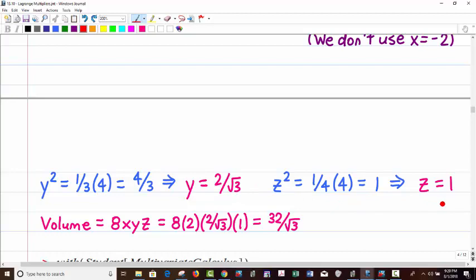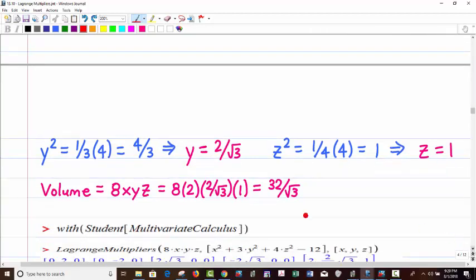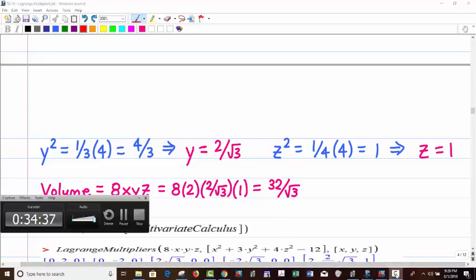So the actual maximum volume would be 8 times x times y times z. So x is 2, y is 2 over root 3, z is 1, and it's 32 divided by the square root of 3. That would be the maximum volume of the rectangular solid that you can inscribe in that ellipse.